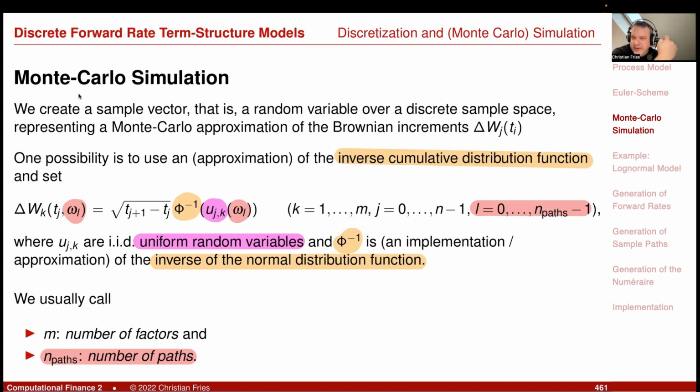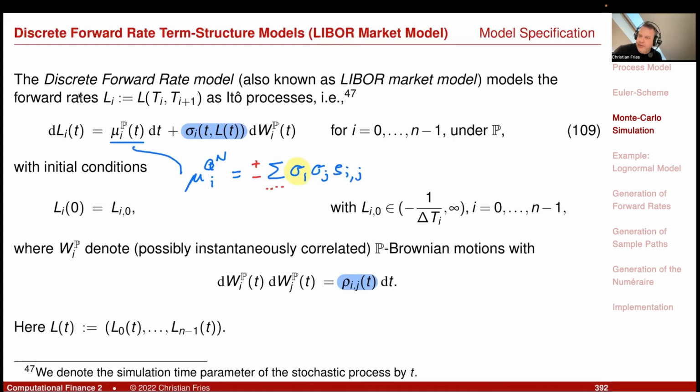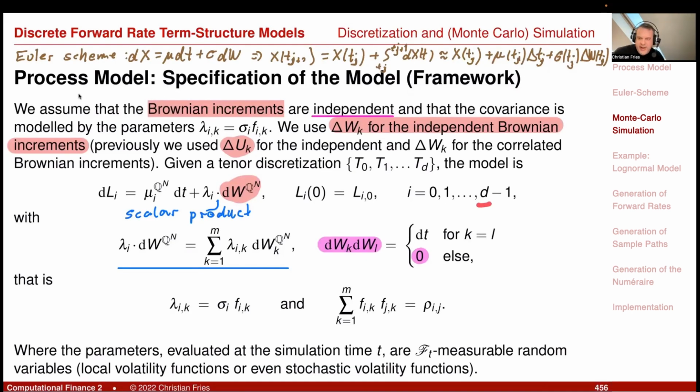If you go back to the interpretation, to the version where each forward rate has its own Brownian driver, so this formulation where each forward rate has its own Brownian driver, and assume now that all these guys here are independent, or at least the correlation matrix has full rank. So I need d independent Brownian drivers. In my case, this n has become now a d, because I use n now for the simulation time step, and now d for the discretization time step of the interest rate periods.